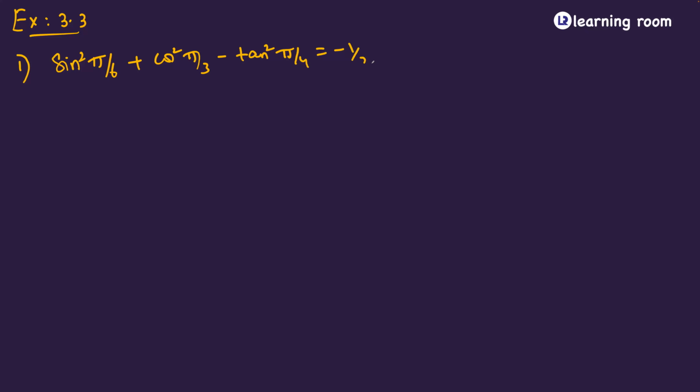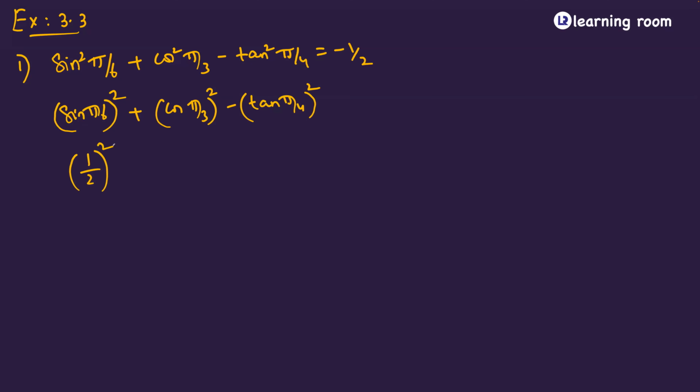Is equal to minus half. Okay. So this is the first problem, and we need to prove that this expression is generating a value of minus half. So sine pi by 6 the whole square plus cos pi by 3 the whole square minus tan pi by 4 the whole square. So what is sine pi by 6? Sine 30 is a half.